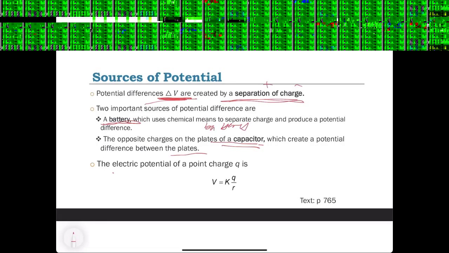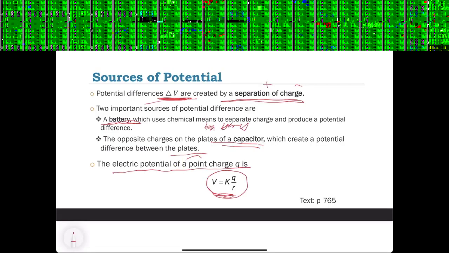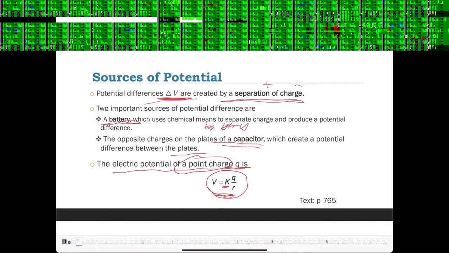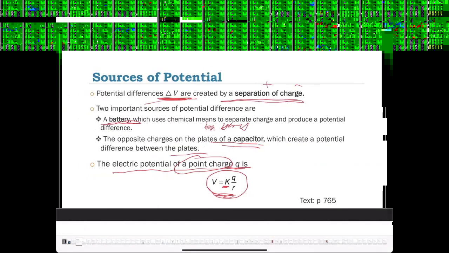The electric potential of a point charge we can calculate using this equation. This is for point charge Q: V equals kQ over r, where k is a constant. For a capacitor there is another equation; you can review it, but it's similar to this one.